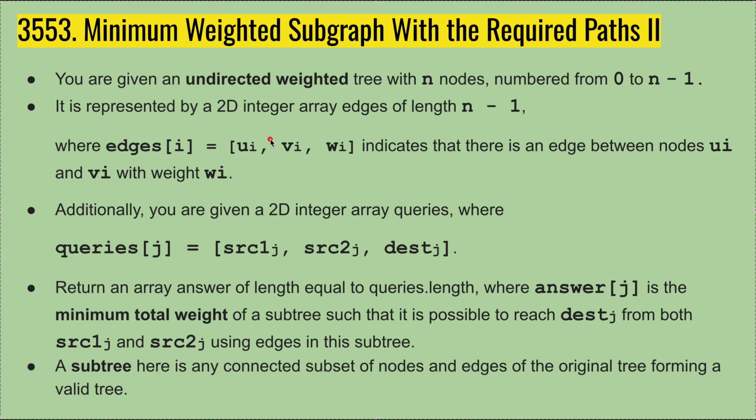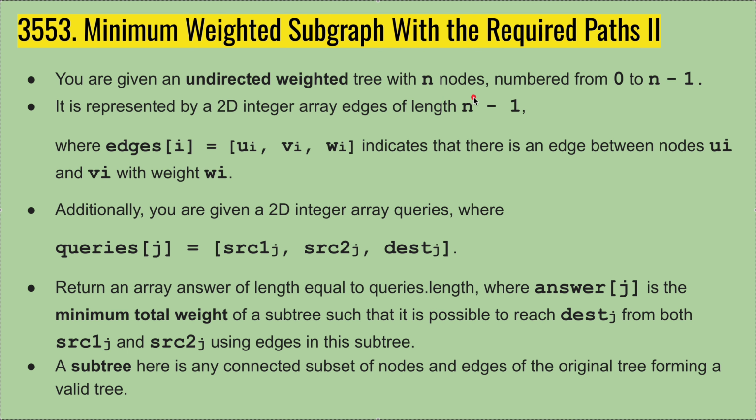We are given an undirected weighted graph first, and there is no cycle, because it is numbered from 0 to n minus 1 for n nodes. There are exactly n minus 1 edges for n nodes, as you can see, so it is represented by a 2D integer array edges of length n minus 1.